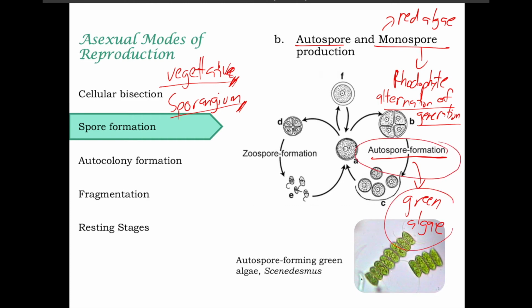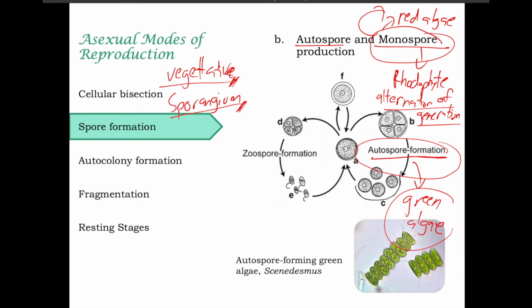Autospores are for green algae, while monospores are for red algae. But they are exactly the same in the sense that they are non-motile, aflagellated, and lack the capacity to develop into a motile zoospore.